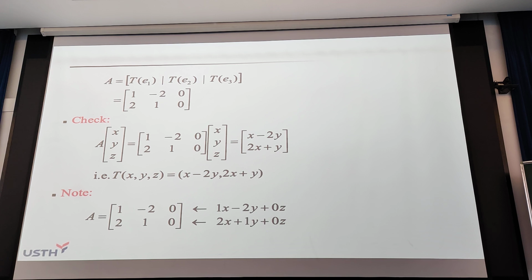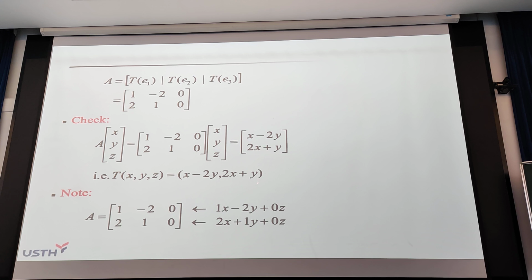But whenever you are given a formula, you can do as follows. The first coordinate here is x minus 2y. It means 1x minus 2y plus 0z. So we take the coefficients 1, minus 2 and 0. We write them in the first row here, I'm sorry, on the first row. It's 1, minus 2 and 0.